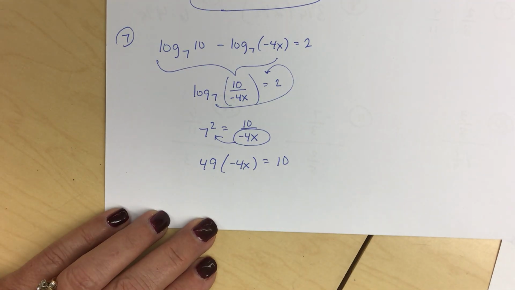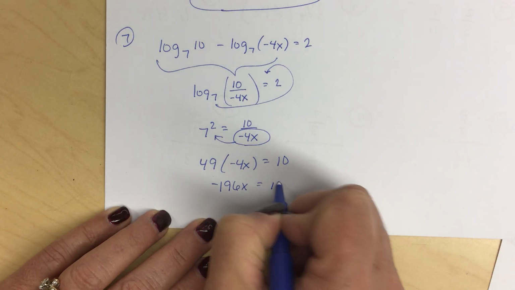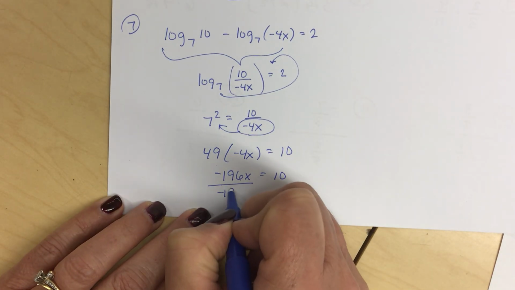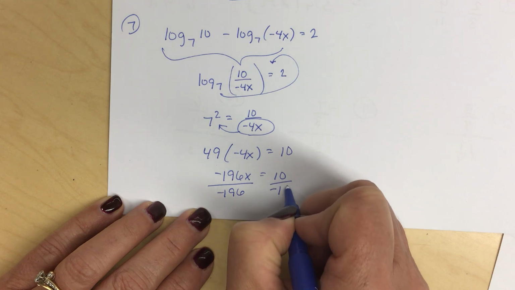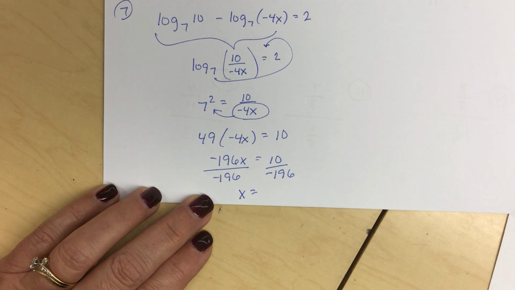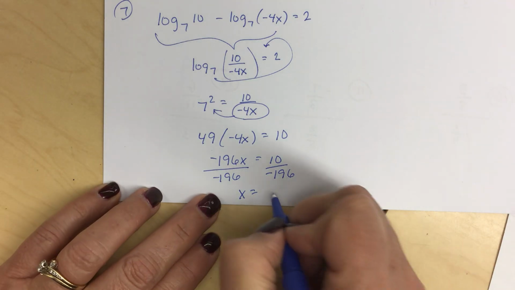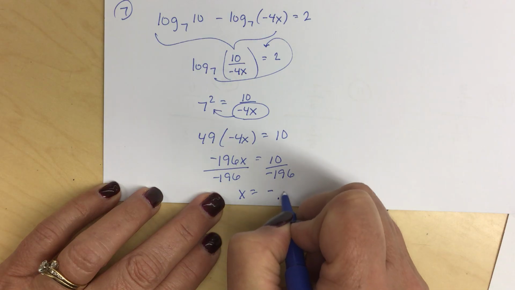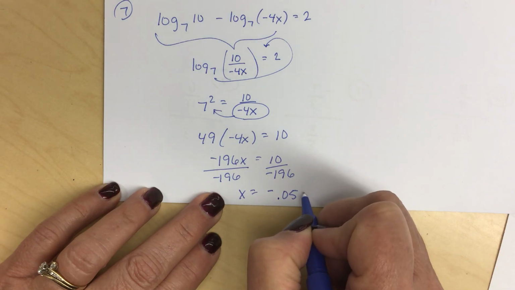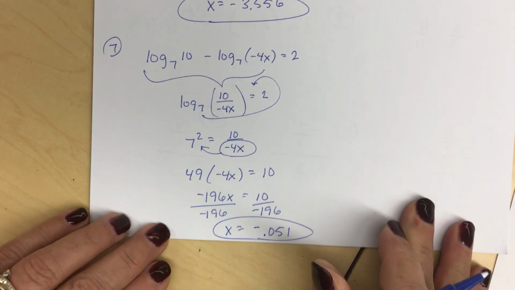So 49 times negative 4 is negative 196. And then we need to divide by negative 196. So 10 divided by negative 196 is negative 0.051. Okay, so that's how you do those.